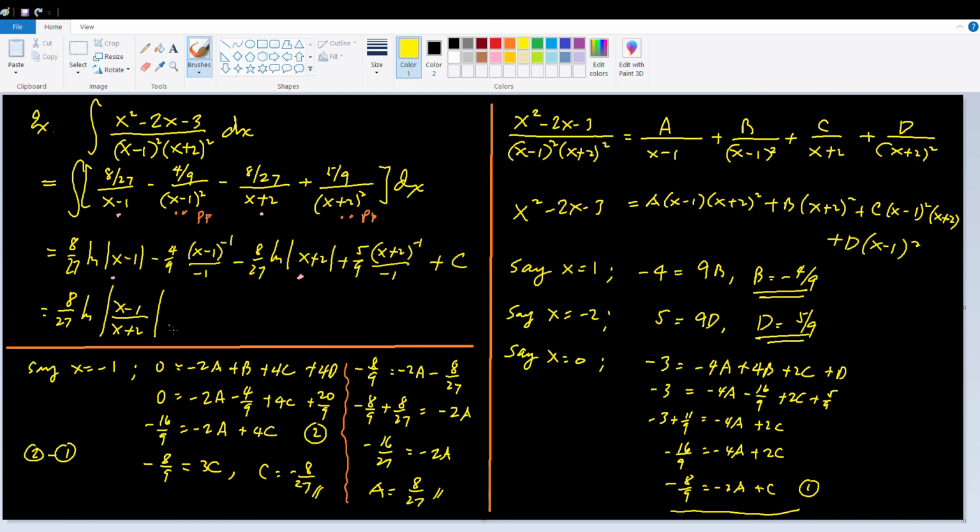Then positive, negative 4 over 9 over negative 1 is positive 4 over 9 x minus 1. And the other one is negative 5 over 9 over x plus 2 plus c. So that is our final answer.